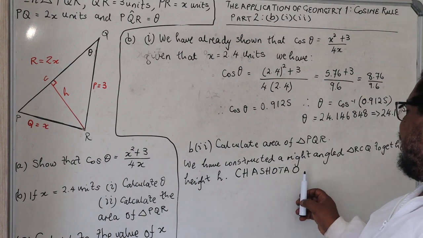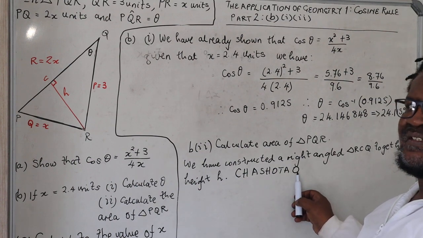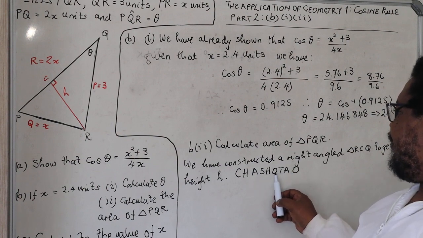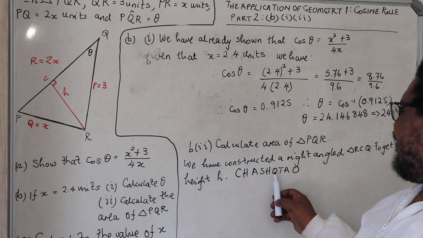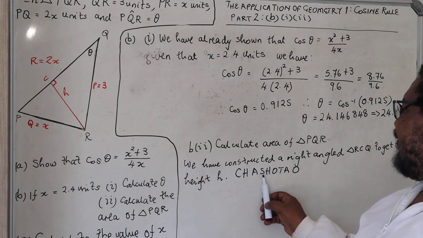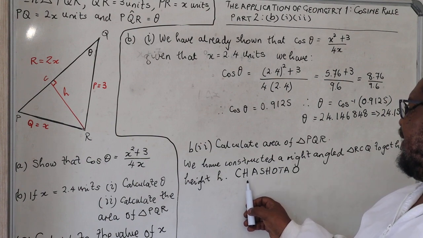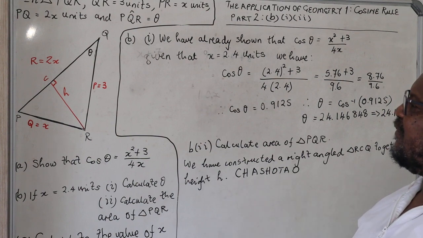So going backwards, opposite over adjacent gives you tan, opposite over hypotenuse gives you the sine, and adjacent over hypotenuse gives you the cosine.